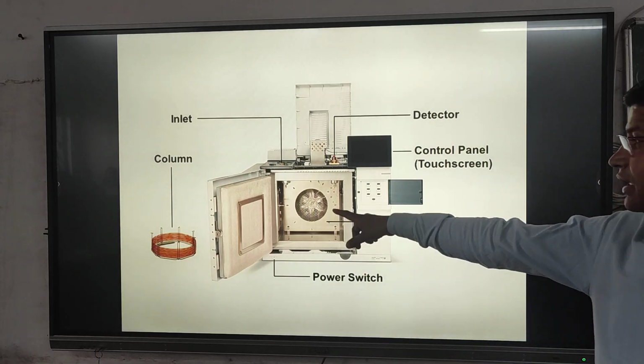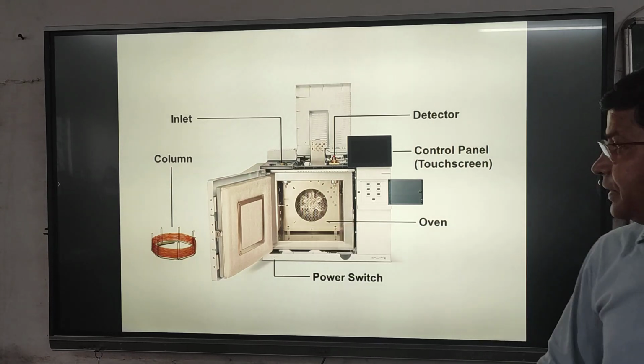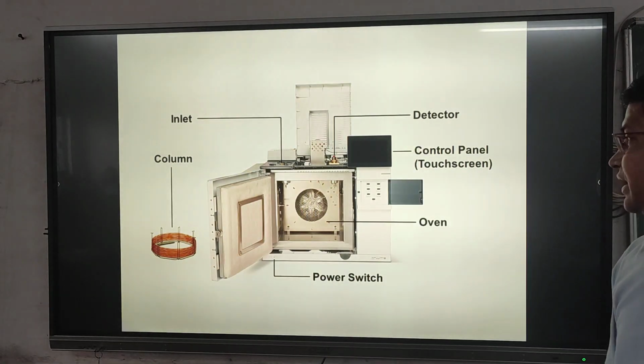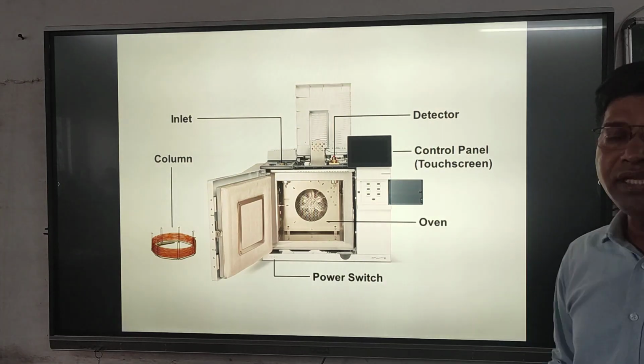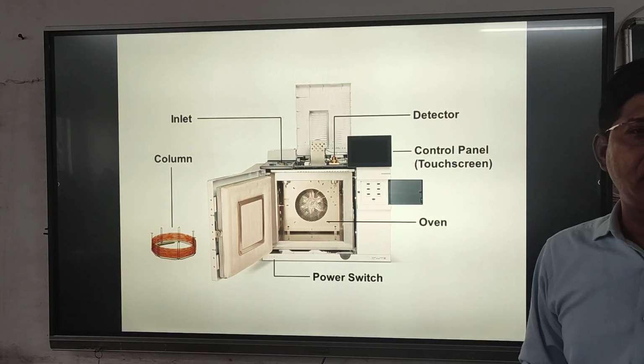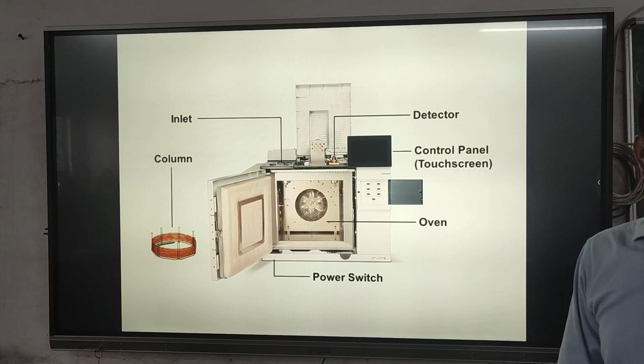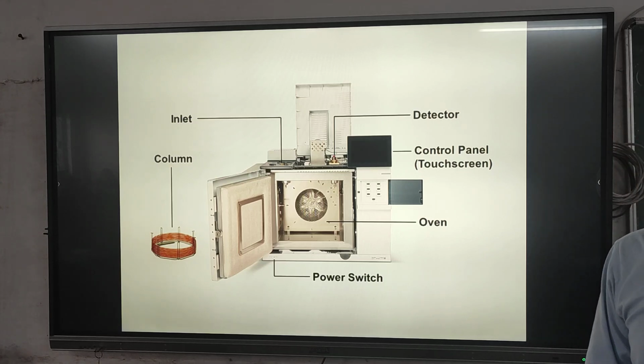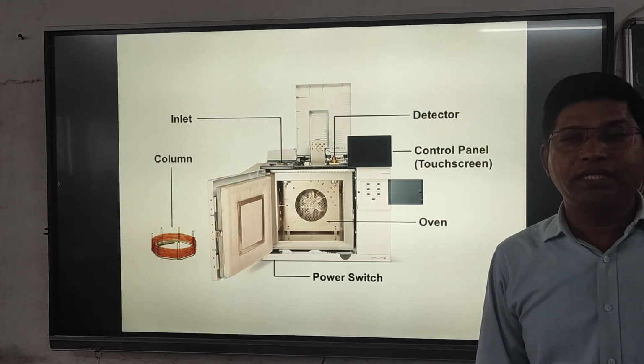Similarly, the important component of this instrument is the column, because in this column the compounds get separated depending upon their retention time. We will see what retention time is.